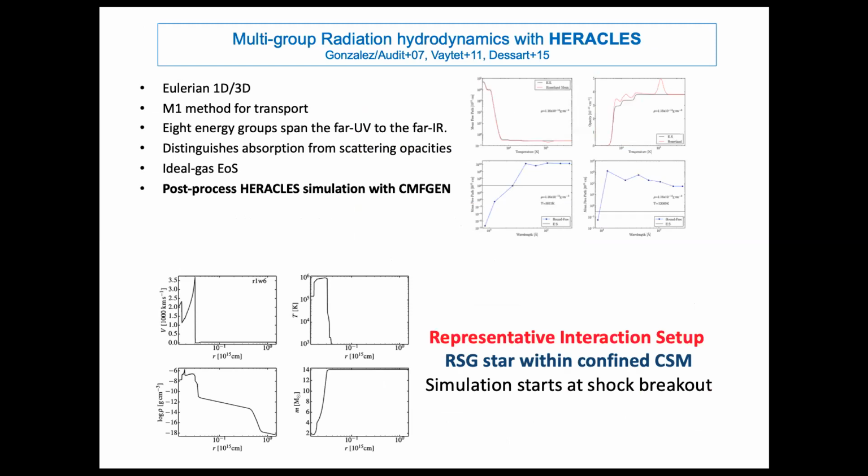In the context of interacting supernovae, when we model these objects we need to develop a hydrodynamical model of the explosion, because the dynamics of the interaction is very important. So this is not a coasting ejecta that you're looking at. You're looking at an ejecta that will ram into the CSM.